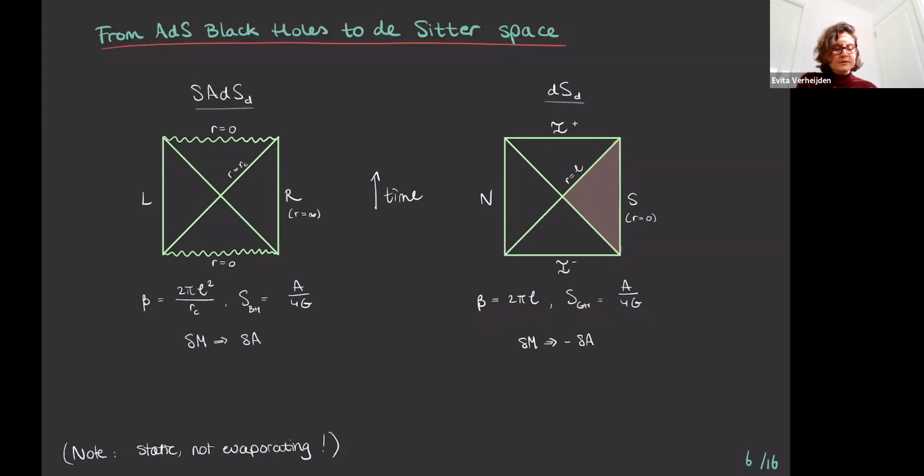One way I sometimes think of this is as an entropy of ignorance. If you have a black hole horizon and you throw stuff in, it's supposed to grow because now there's more stuff inside the black hole that you don't know what it is. But within de Sitter, if you're holding mass at the pole, the horizon comes closer.